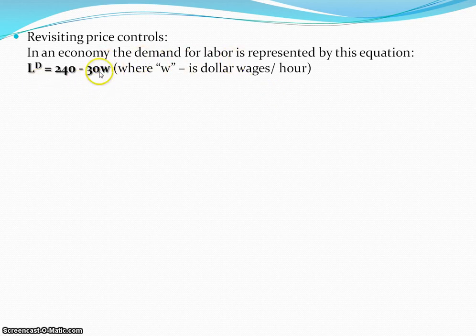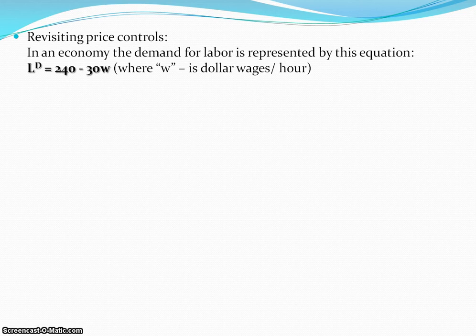So anytime we plug in a value for W, let's say we let W equal 1, then 1 multiplied by 30 is 30, and therefore the demand for labor when the wage is $1 per hour would be 240 minus 30, which is 210. So when the wage is $1, the demand for labor is 210.